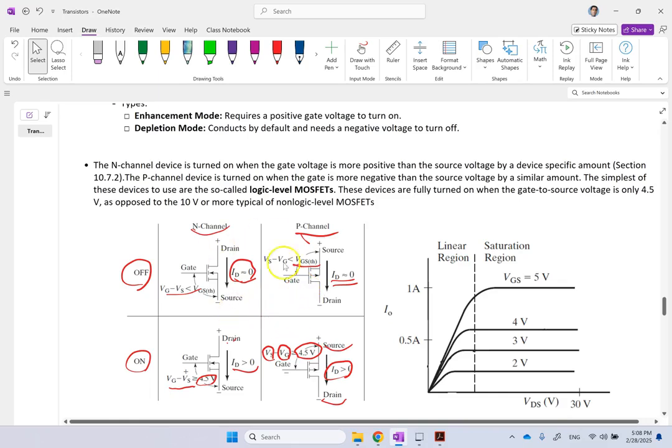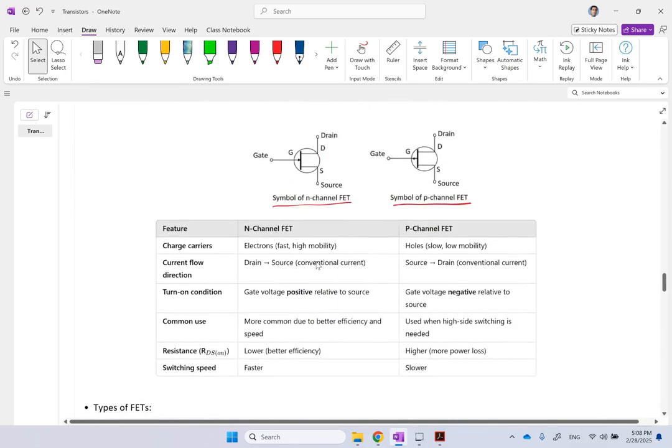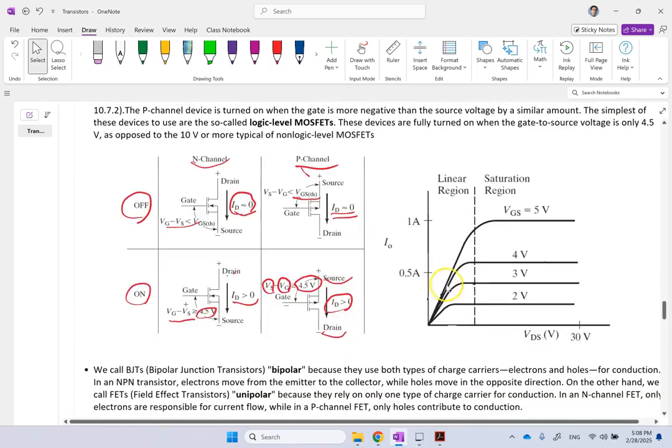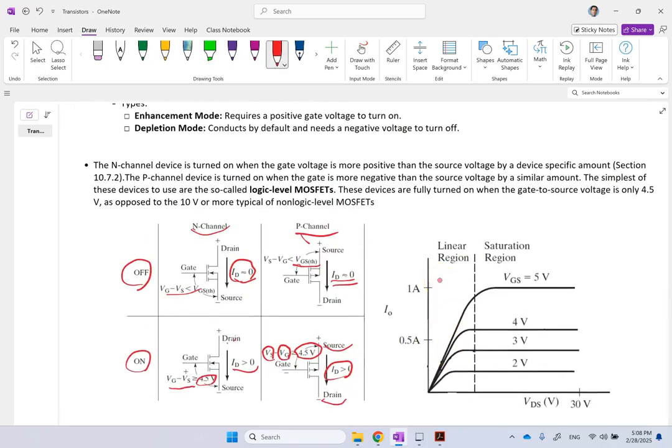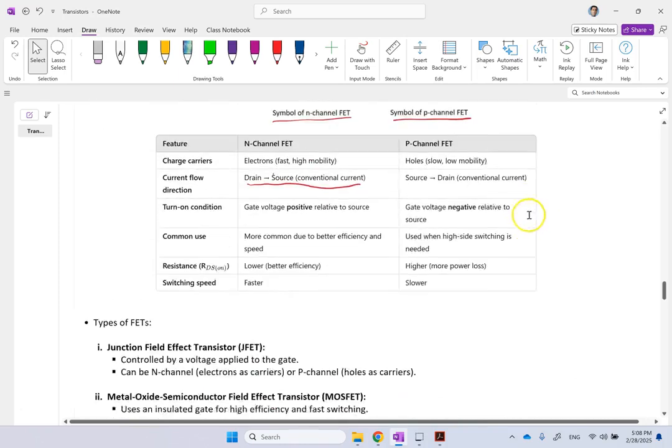So this is the difference, but you see very, very similar things to BJT. So if I want to summarize the difference between N channel and P channel, you can see that in the N channel, current went from drain to source, right? That's exactly what happened here. Look, it went from drain to source. But in P channel, it went from source to drain, okay?